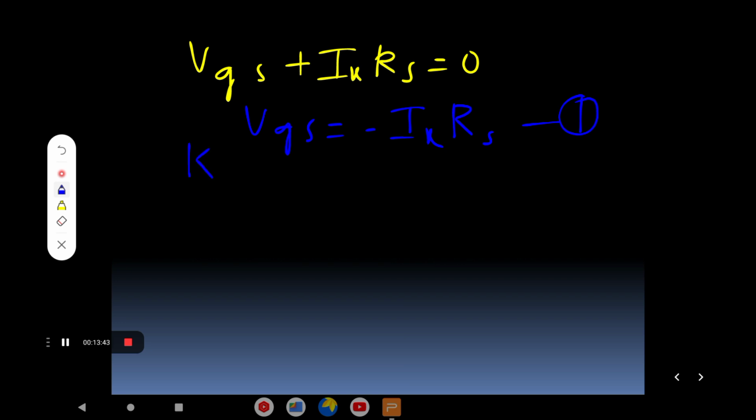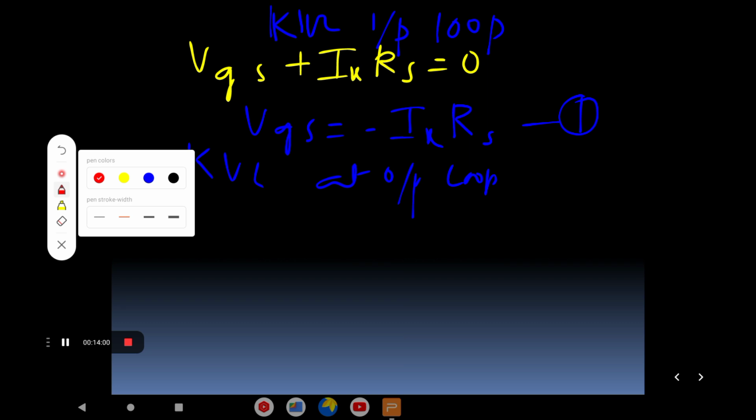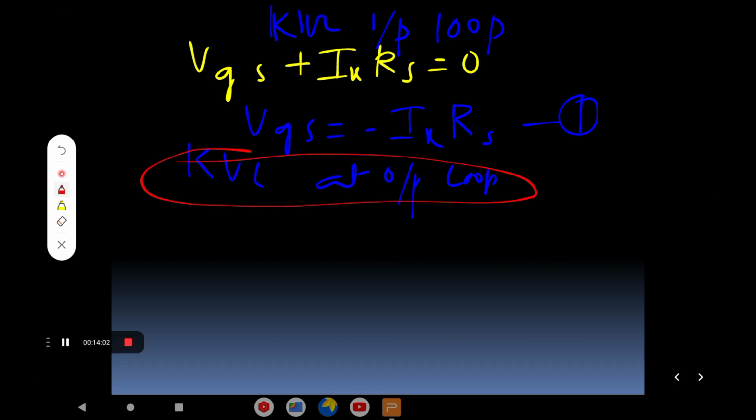At the same time, now you have to write the KVL at the output side loop. So what is the KVL at the output side?